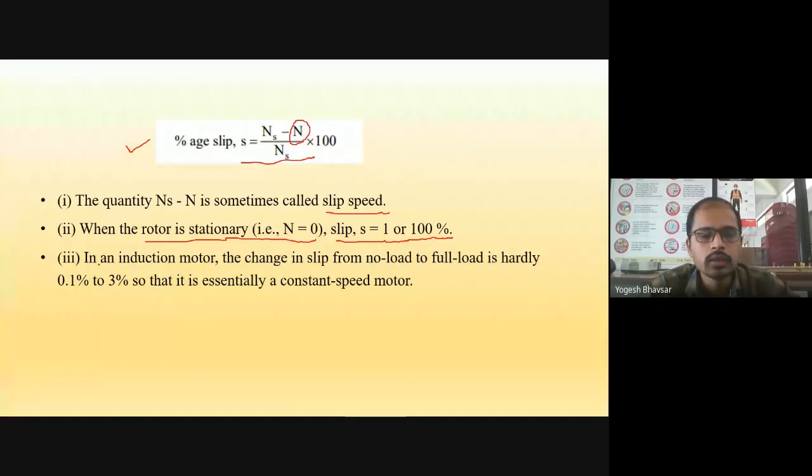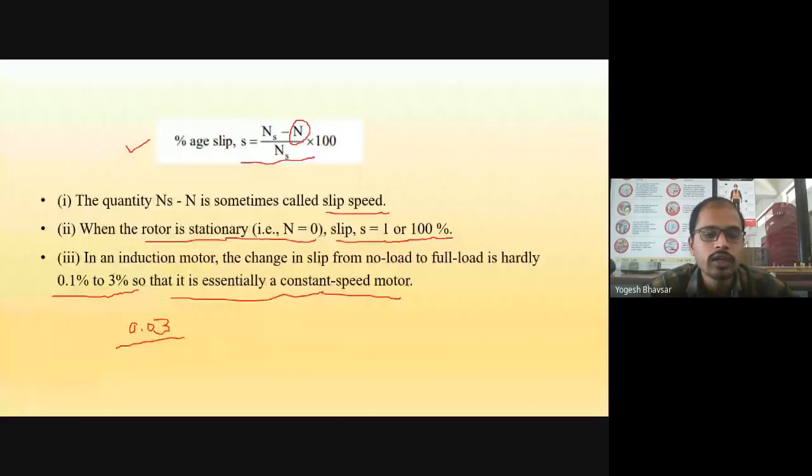In an induction motor, the change in slip from no load to full load is hardly between 0.1% to 3%. So it is essentially called a constant speed motor. The value of slip is not more than 3%, that is, the fractional value will be 0.03.